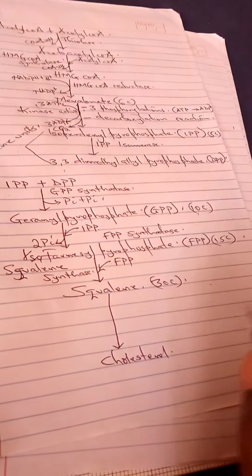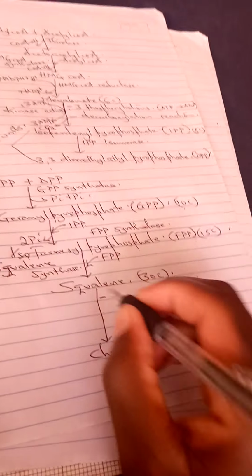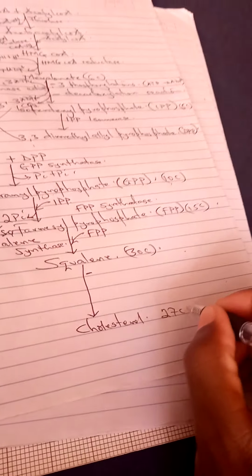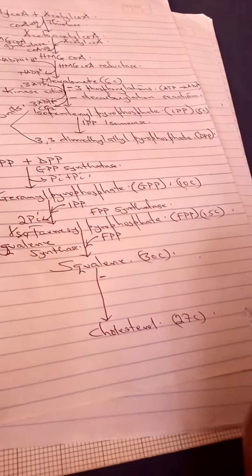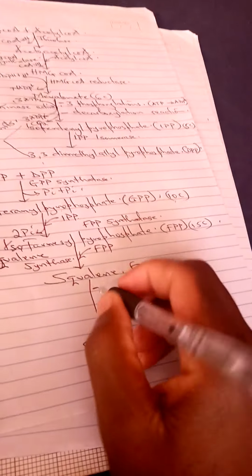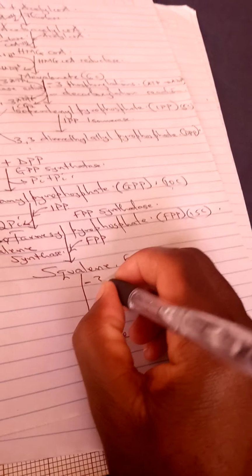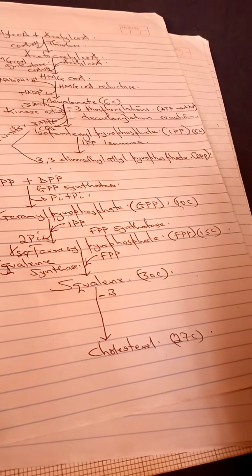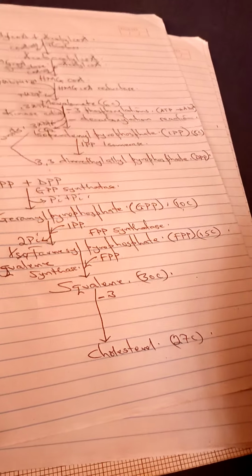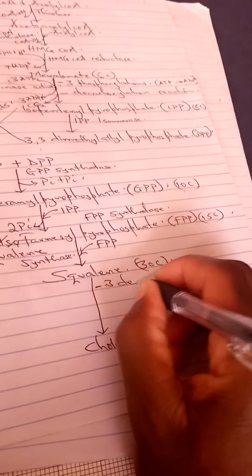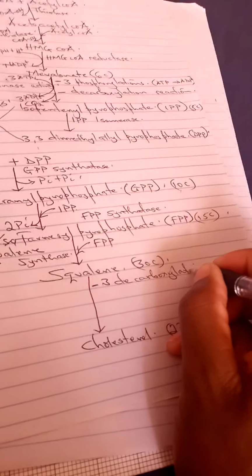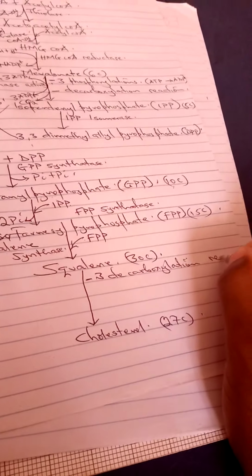But how shall we form it? One, we said squalene has 30 carbons while cholesterol has 27 carbon atoms. That means we shall have 3 decarboxylation reactions, because we have to lose 3 carbon molecules in the form of carbon dioxide to come to 27 carbon.